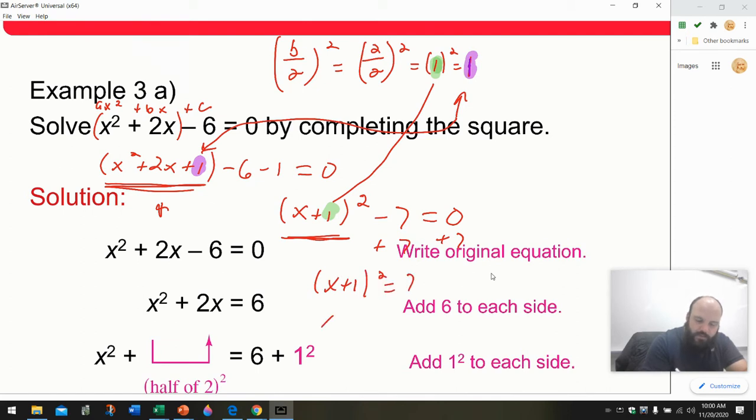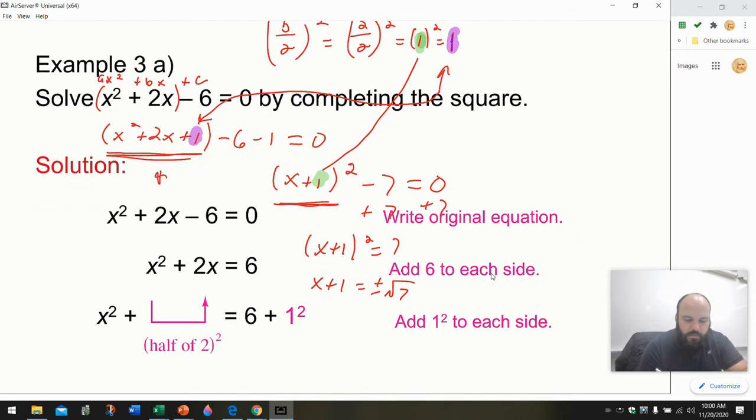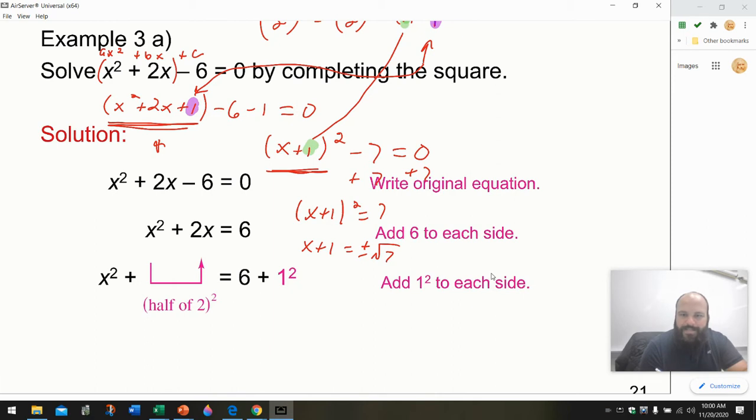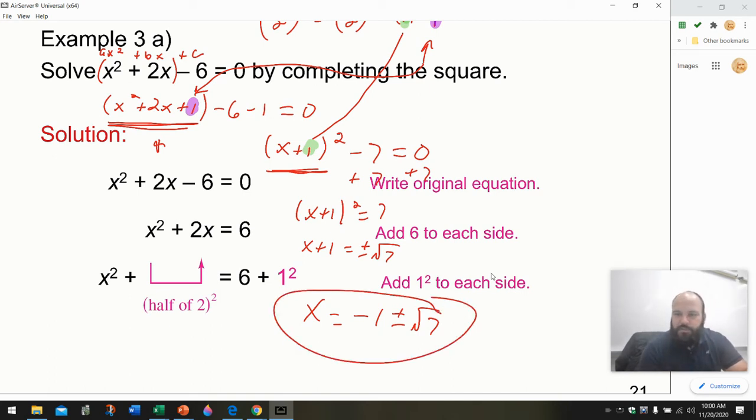I can then take the square root, which gives me x plus 1 equals plus or minus square root of 7. And lastly, I can subtract 1 from both sides, and I get x equals -1 plus or minus root 7. And these two would be the solution to the original equation that we started with.